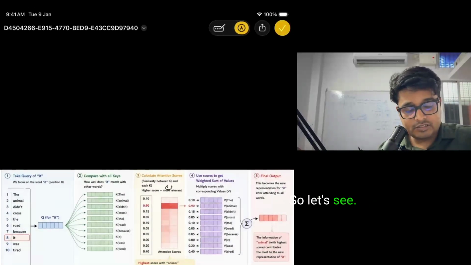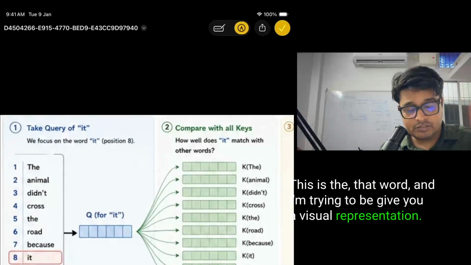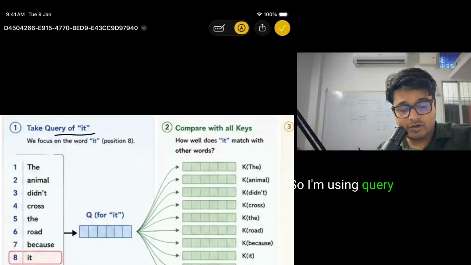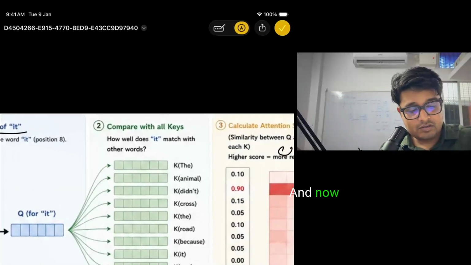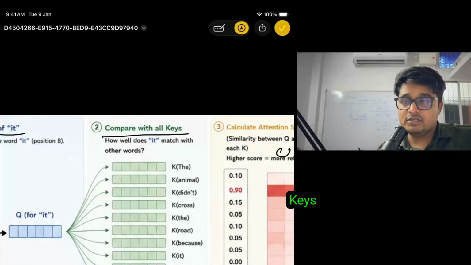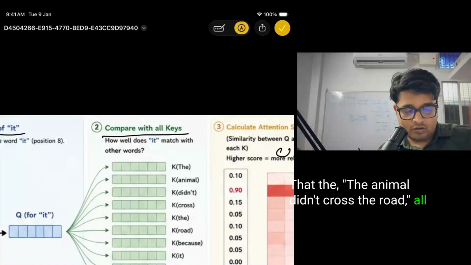Let me give you a visual representation. I'm using the query for the word "it," which is coming in this sentence. Now it compares against all the keys, the words in "the animal didn't cross the road," one by one.